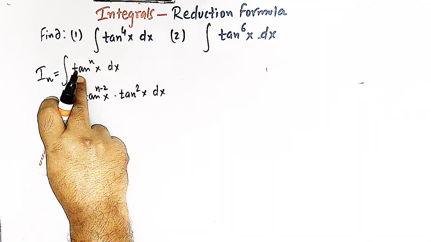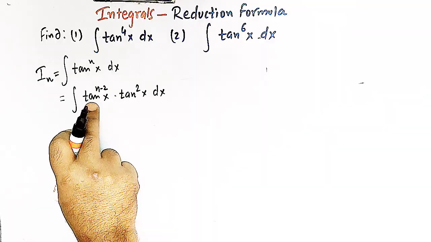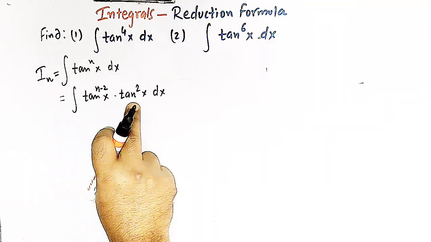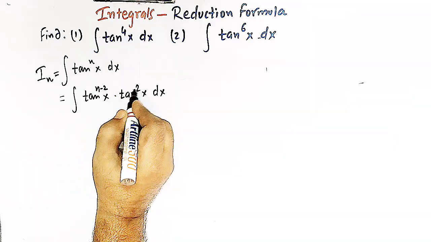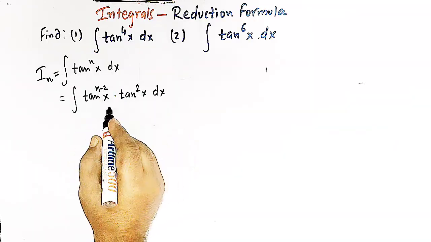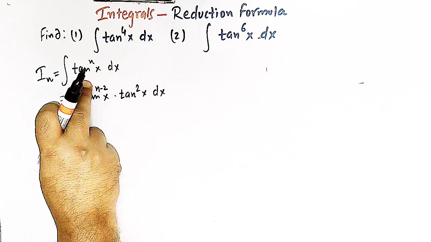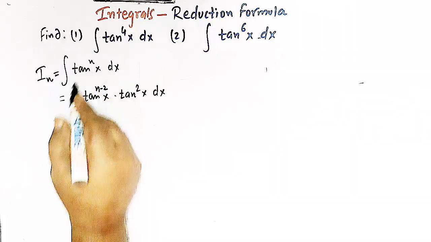So here tan x raised to n can be written like this, that is tan n minus 2 x times tan square x, so that when we add these two exponents, then minus 2 and plus 2 get cancelled, and we'll again get our original integrand, that is tan x raised to n.